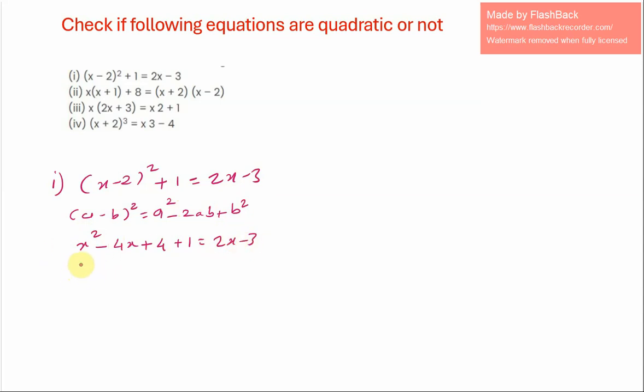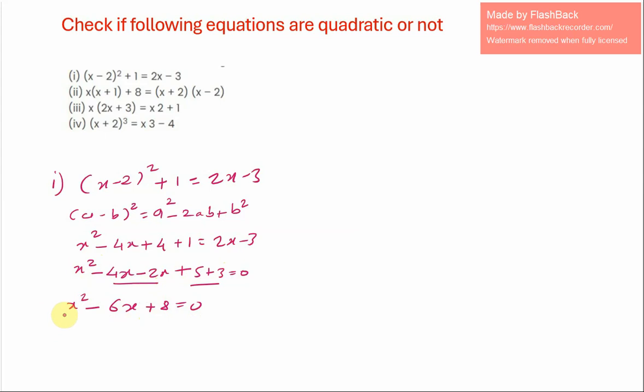After simplification and taking terms on the LHS, we get x square minus 4x minus 2x plus 5 plus 3 equals 0. Adding like terms together, we get x square minus 6x plus 8 equals 0.